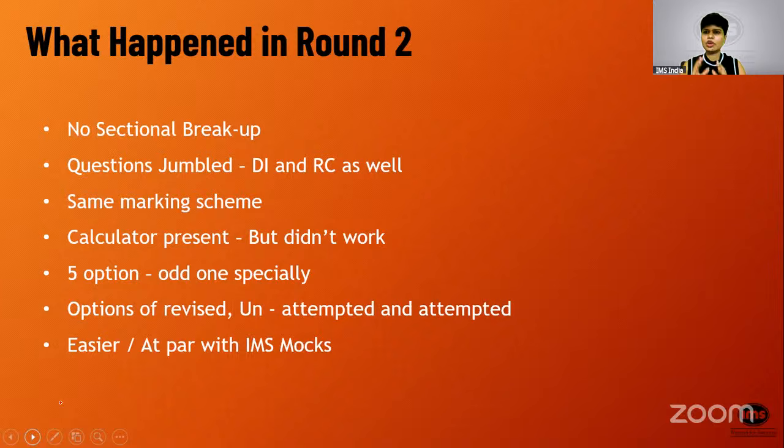But the call doesn't depend only on the entrance test score. It depends upon your past academics, which we do not know how much weightage they give. They also give weightage to the Christ paper, to the PI, and to the micro presentation as well. So overall, they create the merit list.